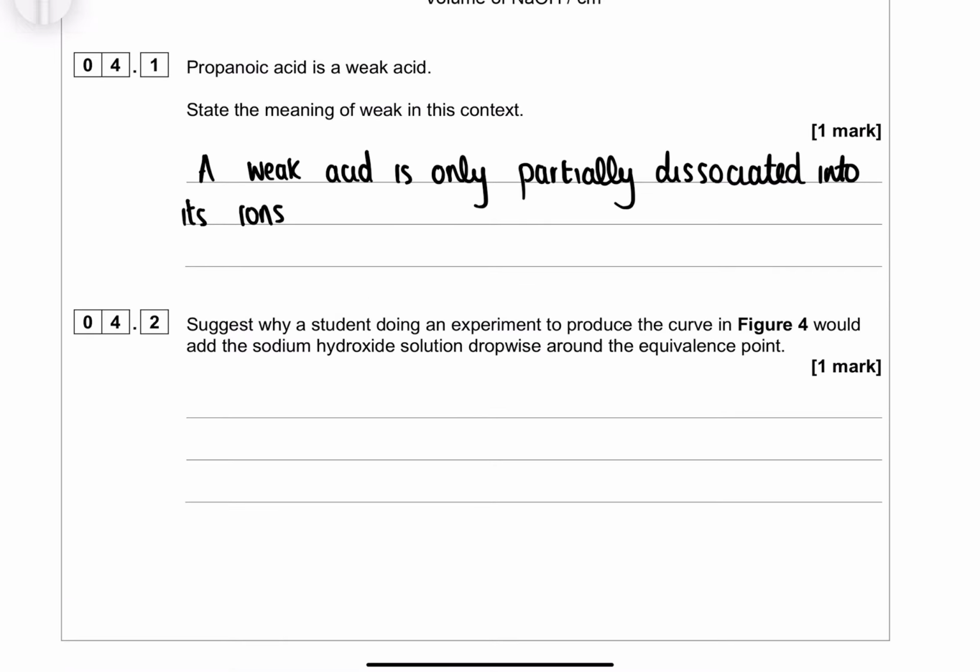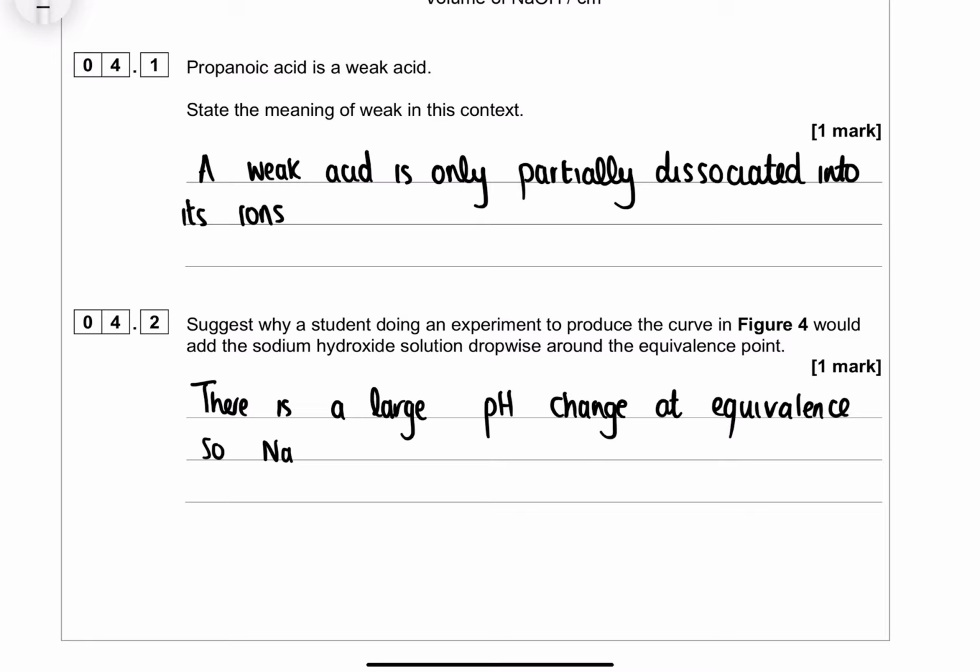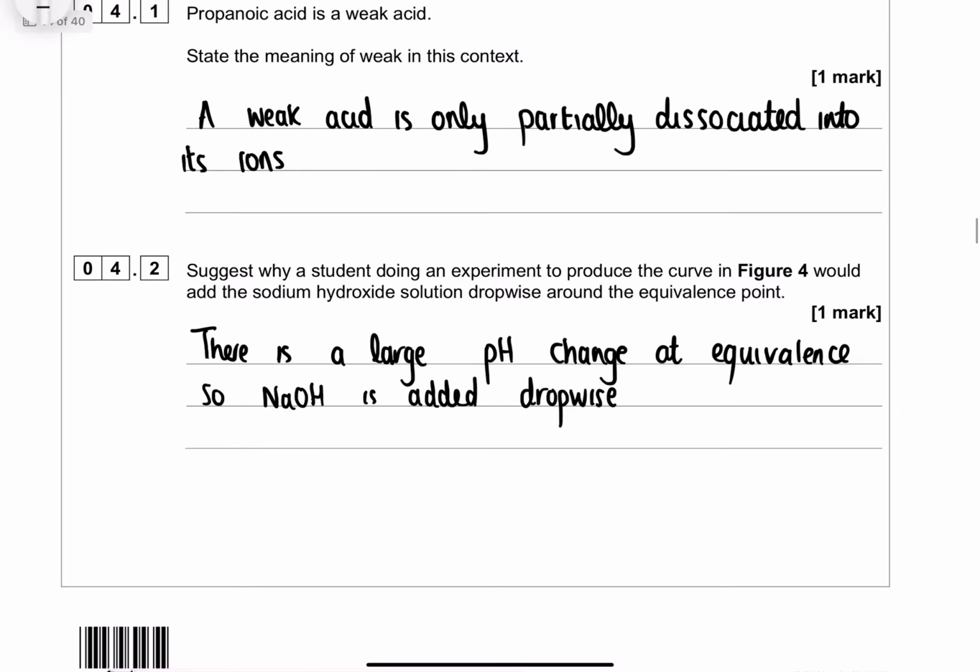And that's because there is a large pH change at equivalence, so NaOH is added dropwise as pH is changing very rapidly, and we want to get enough data about how it's changing.